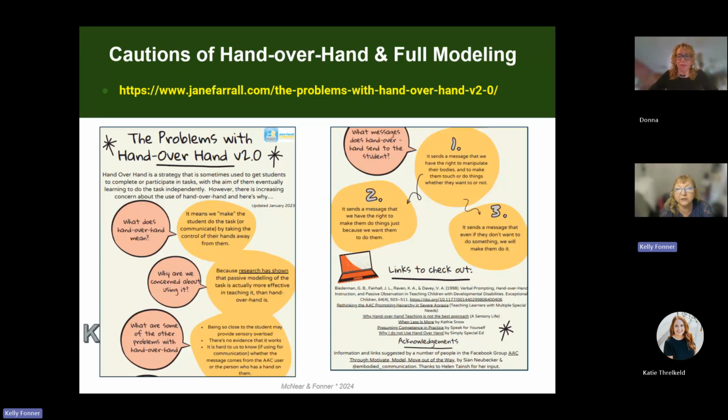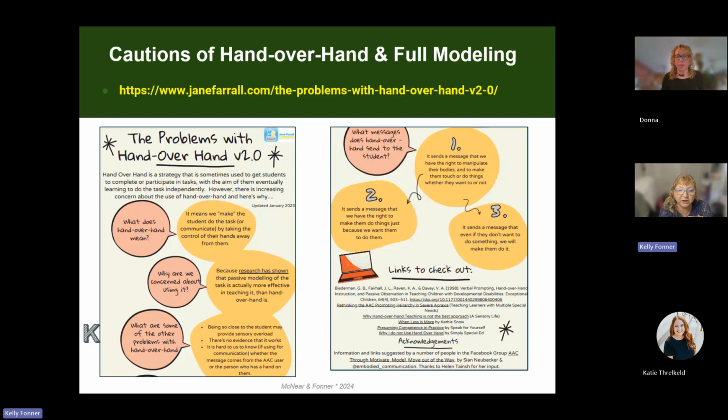And there are concerns about that because research has shown that passive modeling of a task is actually more effective in teaching it than hand over hand is. So our modeling it is more effective than doing hand over hand. I think some people just automatically go to hand over hand because they think that's the most effective, but we're seeing in research that it's not.